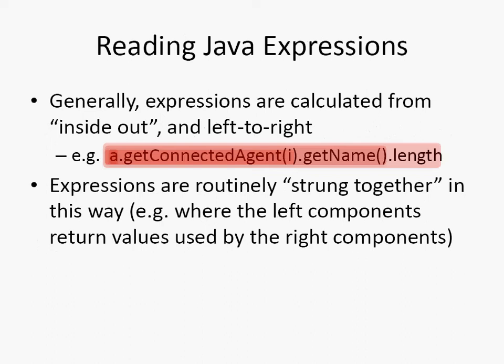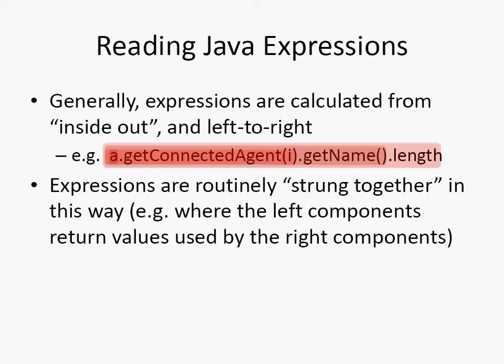We start with this agent, this particular agent, ask about its mother, perhaps, ask about its connected agent, maybe I is 0, so it's the very first connection they have, and we ask for its name and then the length, okay? And they're routinely strung together like that. Now, in general, we try to keep it a bit shorter, but you will see expressions like this sometimes.